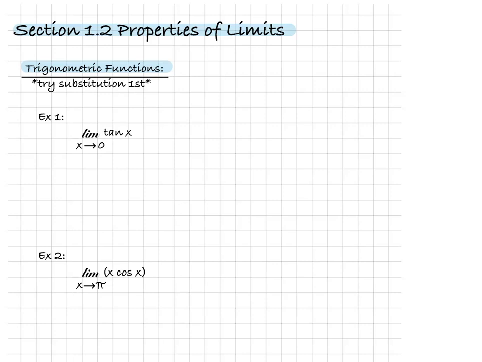So the first one here says, what is the limit as x approaches 0 of tangent x? Well, if we just straight evaluate this, this would be equal to the tangent of 0. Now, if you haven't forgotten, reminder, tangent x is equal to sine x over cosine x.